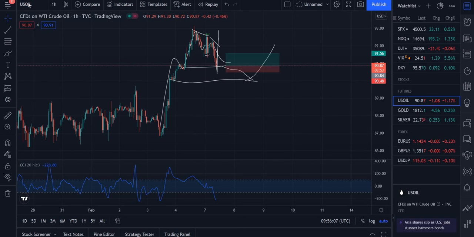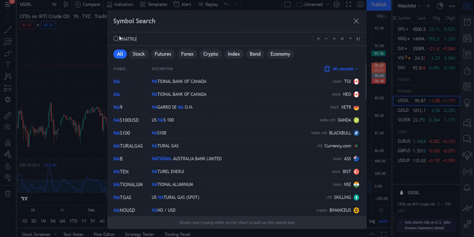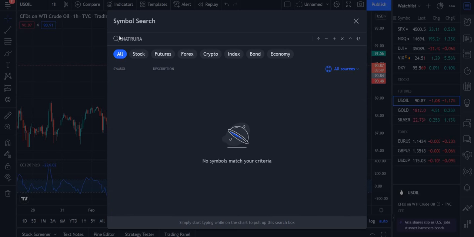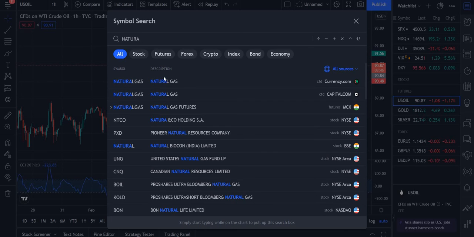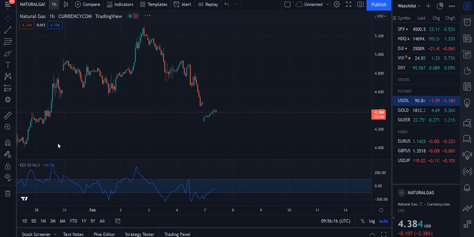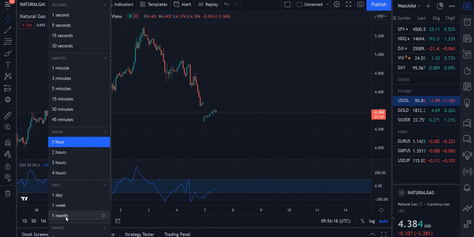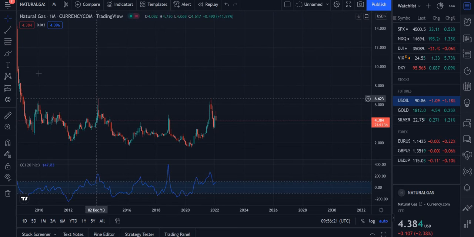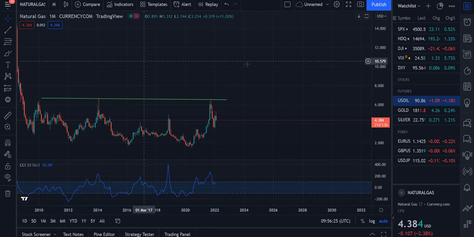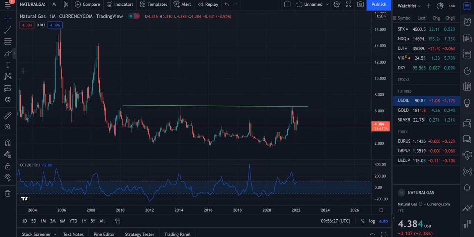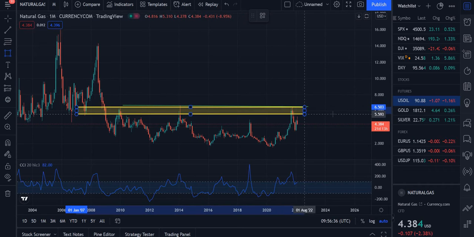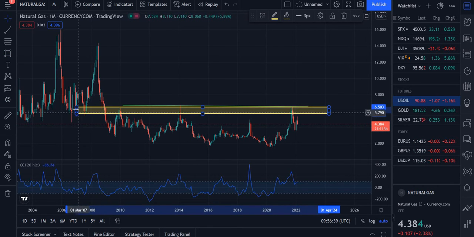Then let's check the natural gas as well, since a lot of people are interested in natural gas. Let's start with the monthly chart here. Let's make it a little bit more visible. So where would it be? This pattern here.